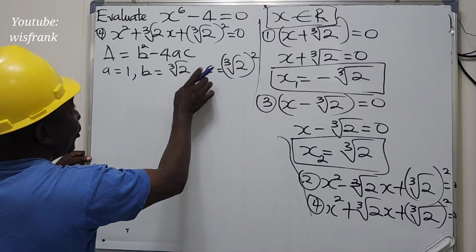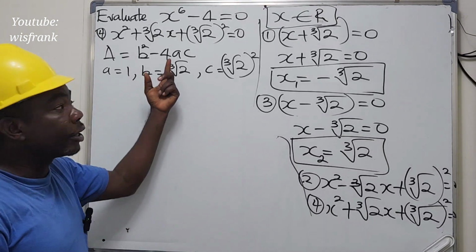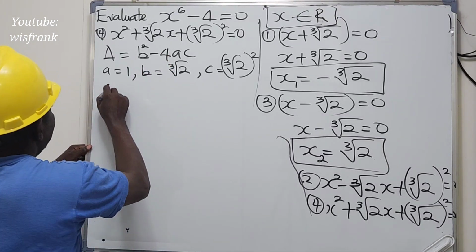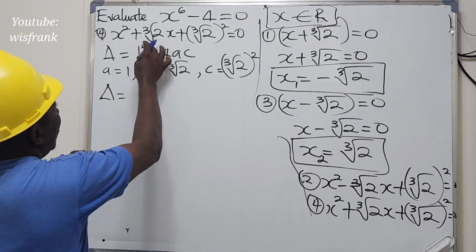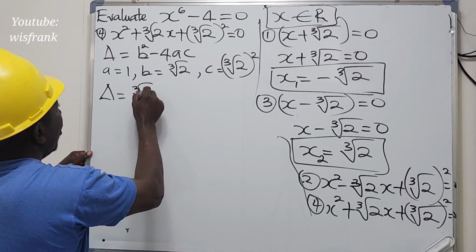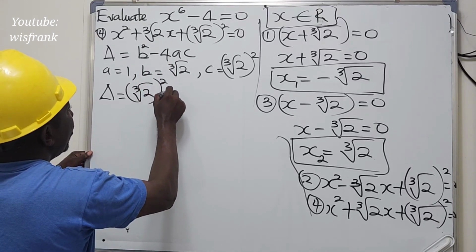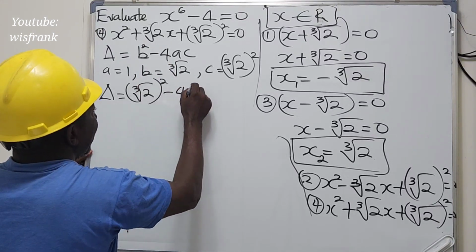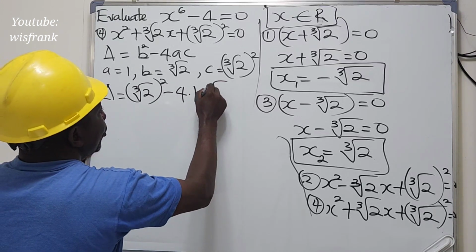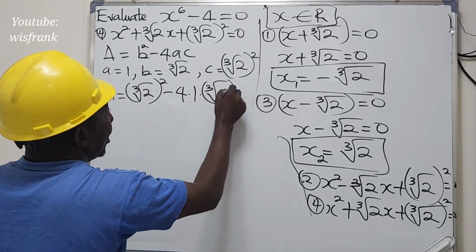So we are going to substitute these parameters into the discriminant formula, where we have discriminant equals b to the power of 2, which is cube root of 2 all to the power of 2, minus 4 times 1 times c, which is cube root of 2 all to the power of 2.